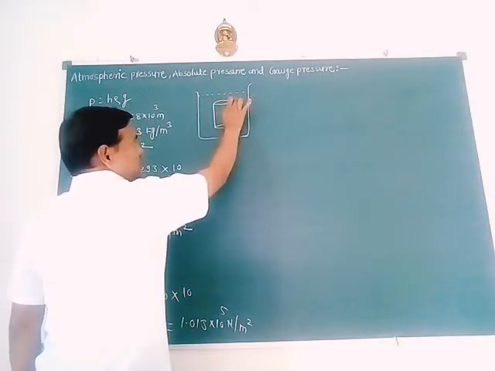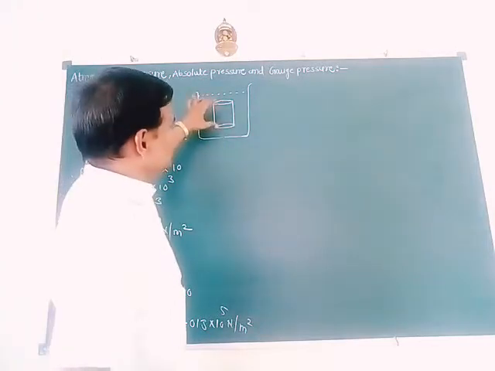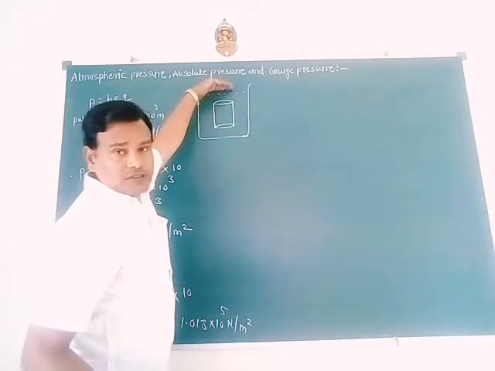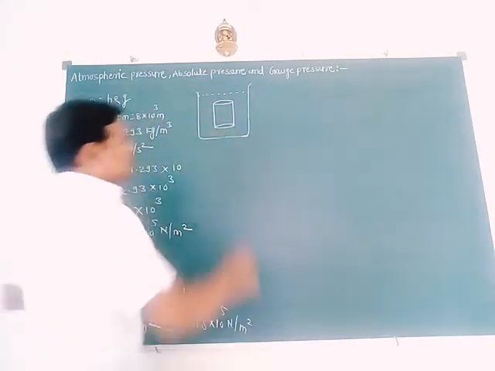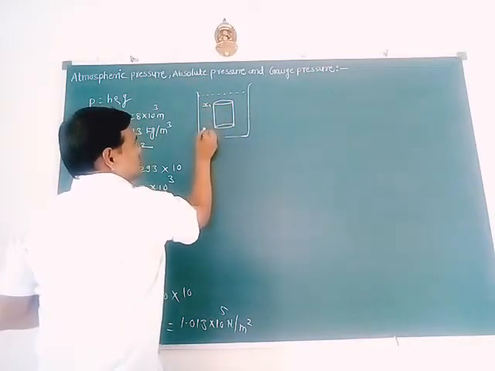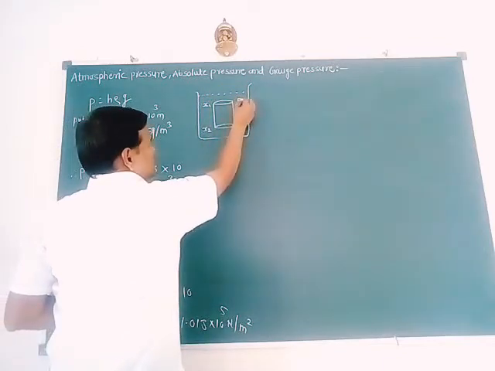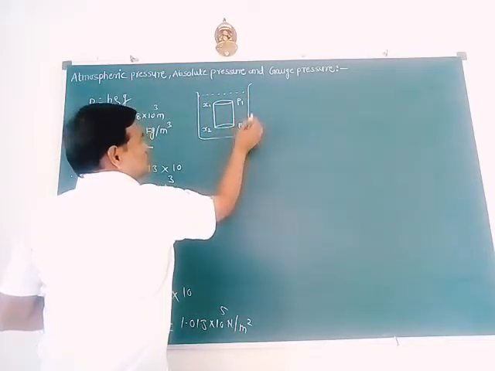Suppose this is the liquid part, and this liquid column you have to consider in between the upper surface, upper layer, and the bottom. So here we can write the level of liquid as x1 and x2. On this side the pressure is, suppose, P1, here it is P2.